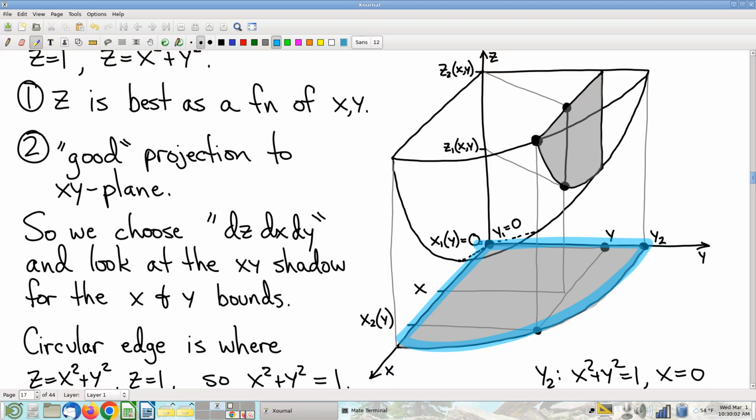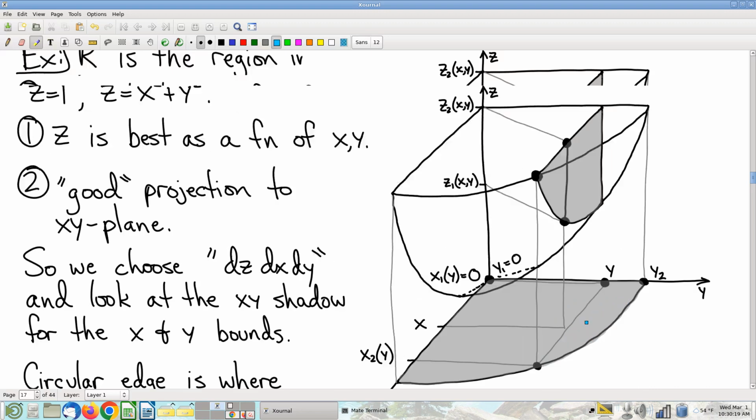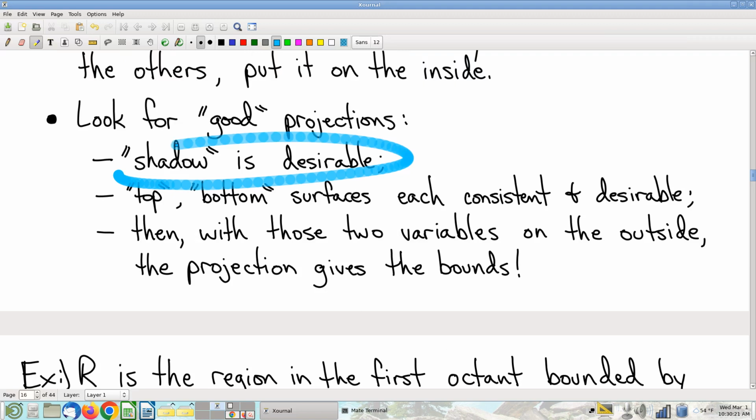It's not all that bad. I'm kind of neutral on the fact that there's a circular edge there. Whatever. Could be worse though. So notice that that's the first point here. The projection itself, which you might think of as the shadow, is a reasonably desirable shape.